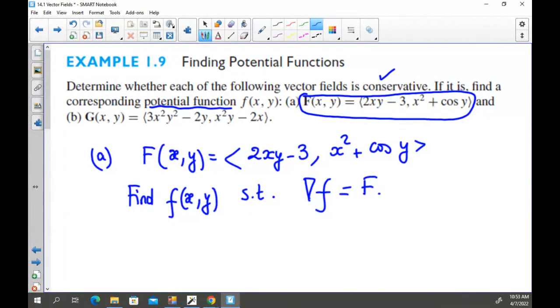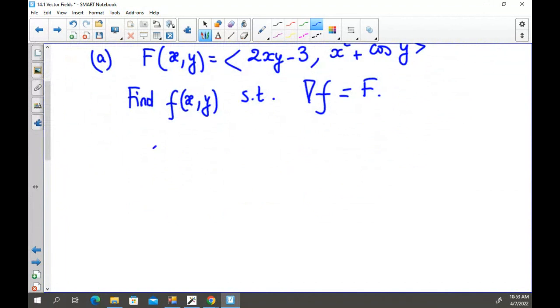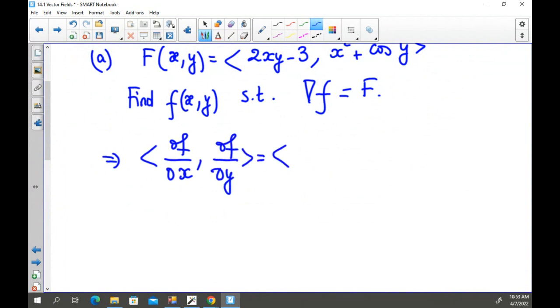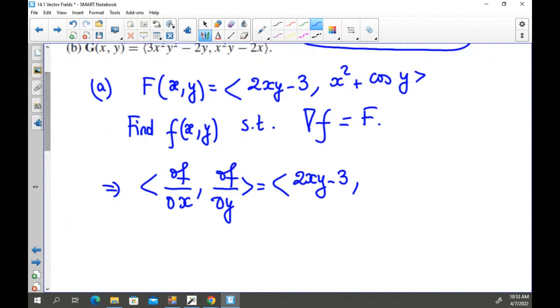You always start like this. You want the function such that its gradient, meaning df over dx, df over dy, should be equal to 2xy minus 3, x squared plus cosine y.